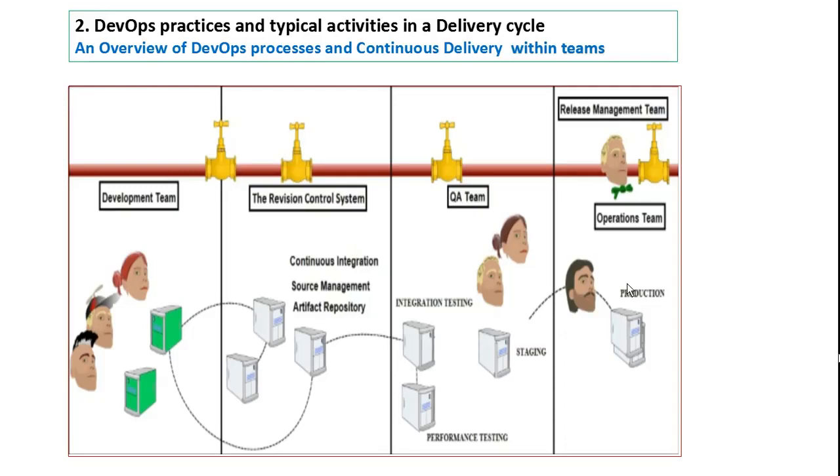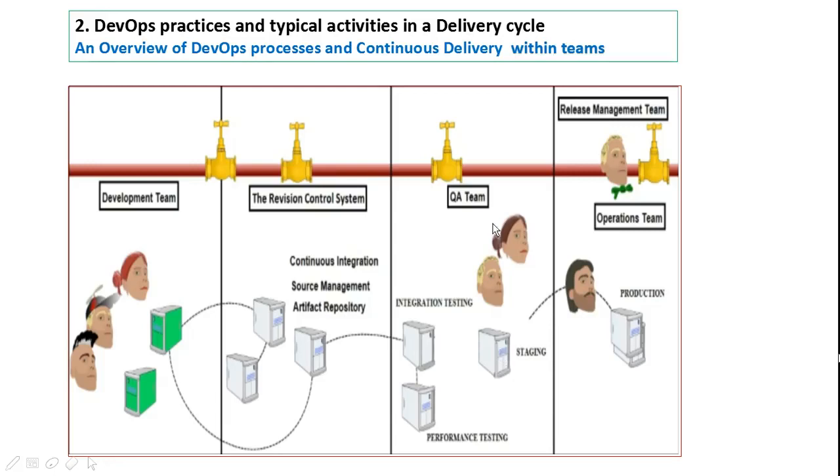If you see, there is a development team. They are putting code into the VCS, version control systems, and the artifact repository is there, and QA teams are working, and they are integrating the code. Build deployment happens through the build engineers, nowadays you can say DevOps engineers, and performance testing is executed by the integration teams, and a staging environment is built for testing purposes.